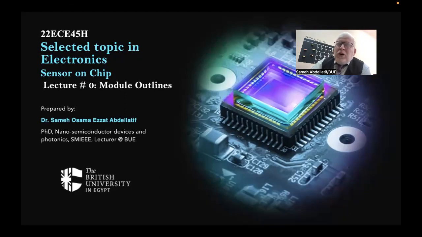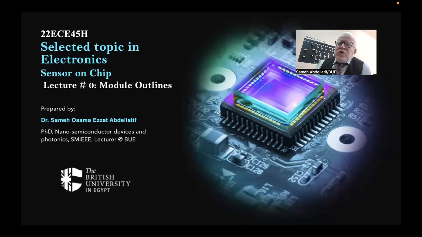But to be more detailed in the description of this module, I would say that we are considering the SoC, or the sensor on chip, or maybe the system on chip, from the analog perspective. As you may know, most of these systems include a mixed analog-digital environment.